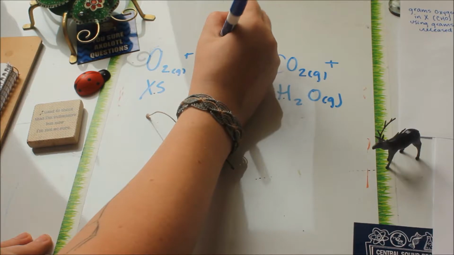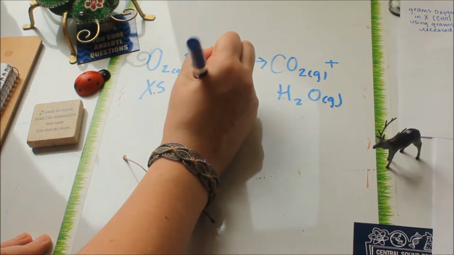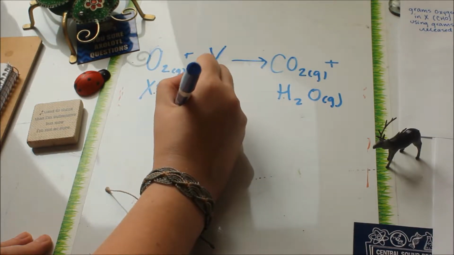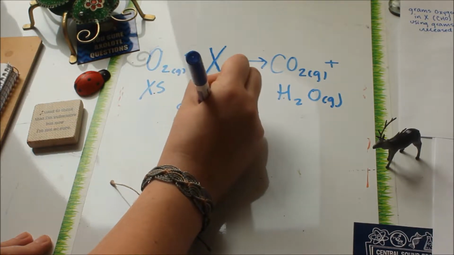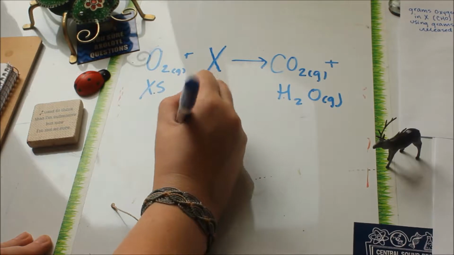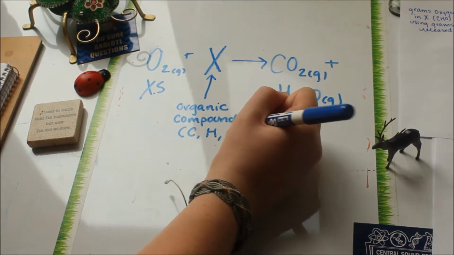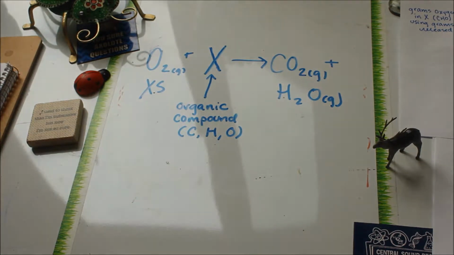For the sake of this video, we're going to assume that X is an organic compound. That's usually a safe way to go with these intro classes. So we're mainly going to look at compounds that involve C, H, and O: carbon, hydrogen, and oxygen.